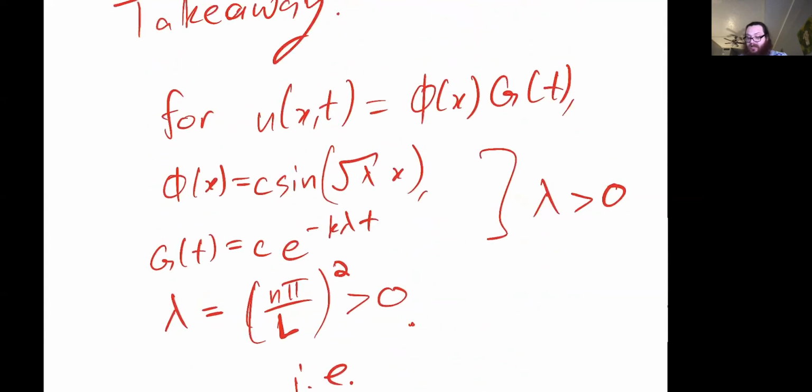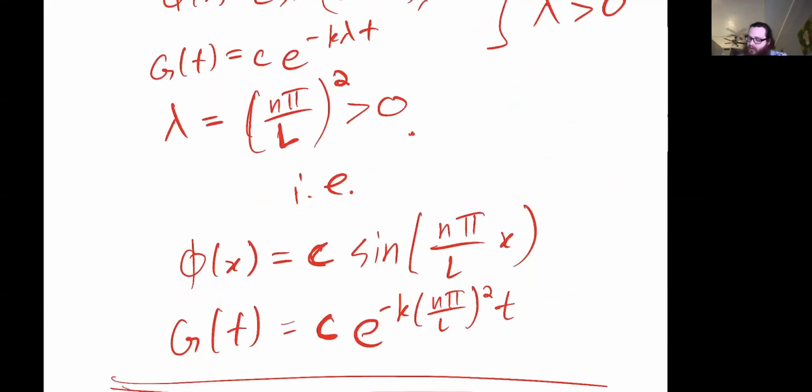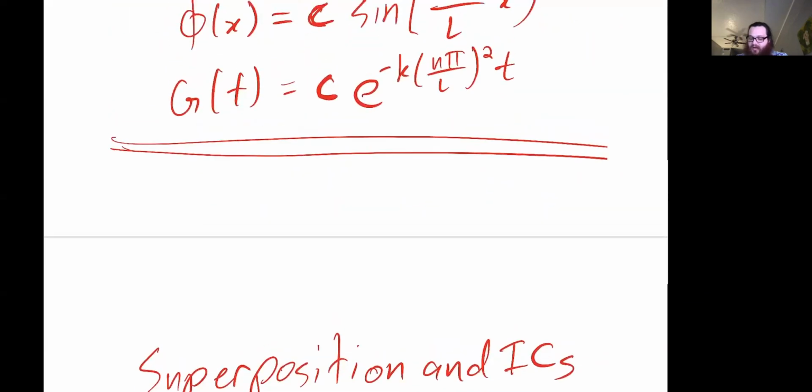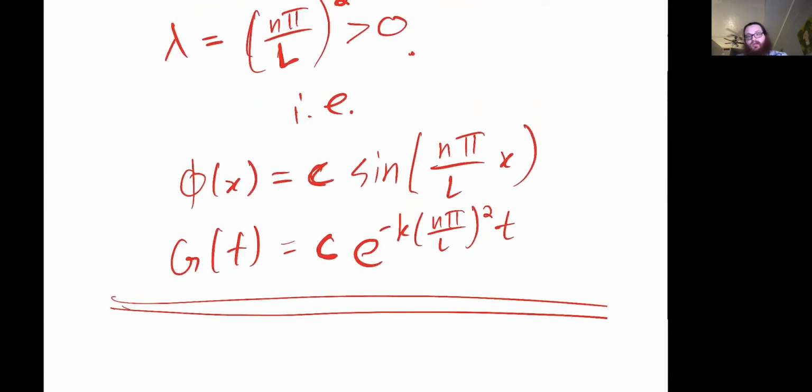So we're actually going to get a bunch of these solutions, one for each choice of natural number n. And what we'll see next is how to put these solutions together and match them to an initial condition, and then start to actually solve these.